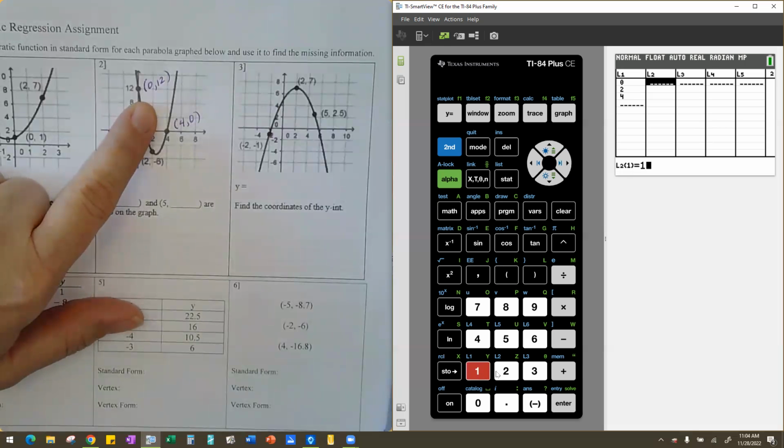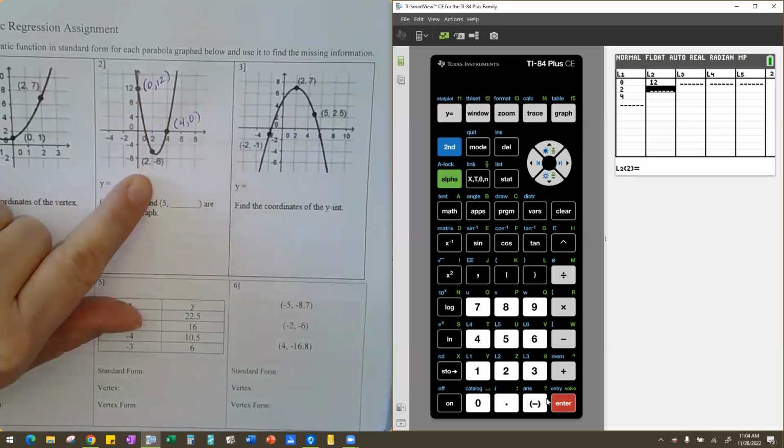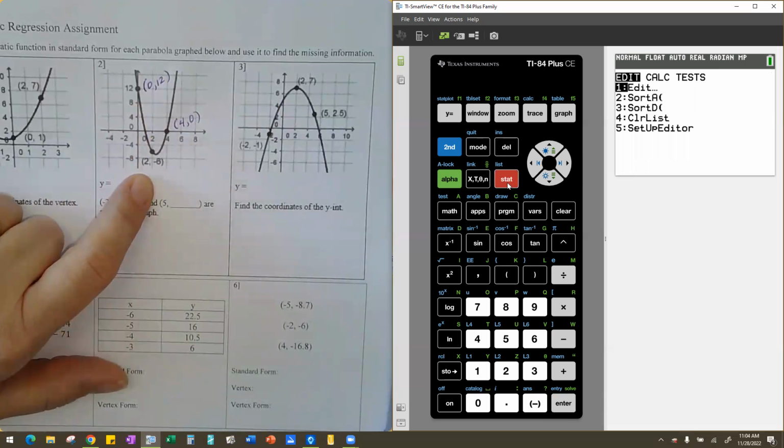So make sure that you have the Y's entered in the same order so that the ordered pairs are correct. Then you hit Stat again, and we're going to do a calculation, and it's this number 5, QuadReg. You can either type 5, or you can go down and highlight 5 and hit Enter. Either way, QuadReg is quadratic regression.